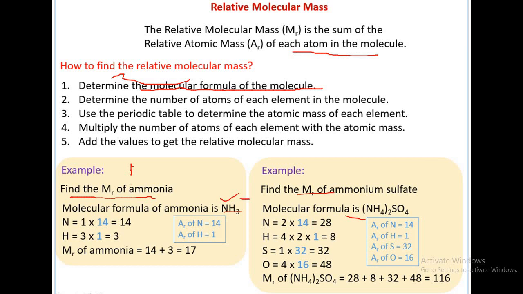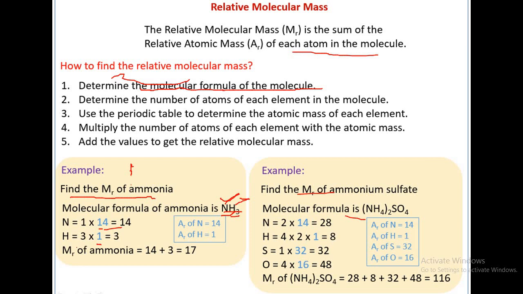Then we will go to the periodic table. Every practical copy has the periodic table. In it we will see the atomic mass of nitrogen and of hydrogen. The atomic mass of nitrogen is 14 and of hydrogen is 1. After that we see in the formula the number of atoms of nitrogen and hydrogen. For nitrogen nothing is written, it means 1, and beside hydrogen it is written 3.